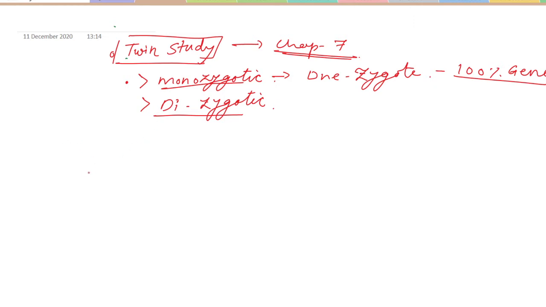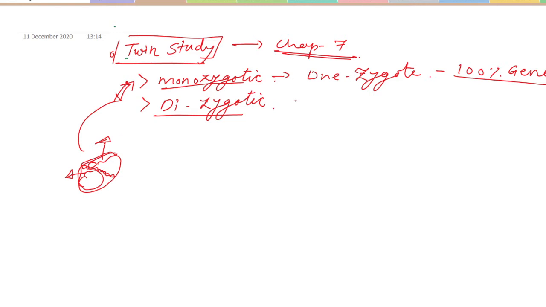Here we'll try to demonstrate: sperm, egg, and their combination will become one zygote. If this zygote is broken into two, that leads to monozygotic twins. If such a situation happens, then that will create monozygotic twins which will look 100% alike.